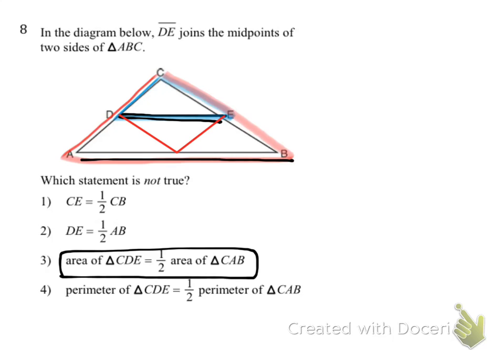Then you will see that you have 4 triangles. 1, 2, 3, 4. So what you end up getting is this triangle CDE is 1 out of 4, not 1 out of 2. So therefore, that's not correct, which makes it our answer.